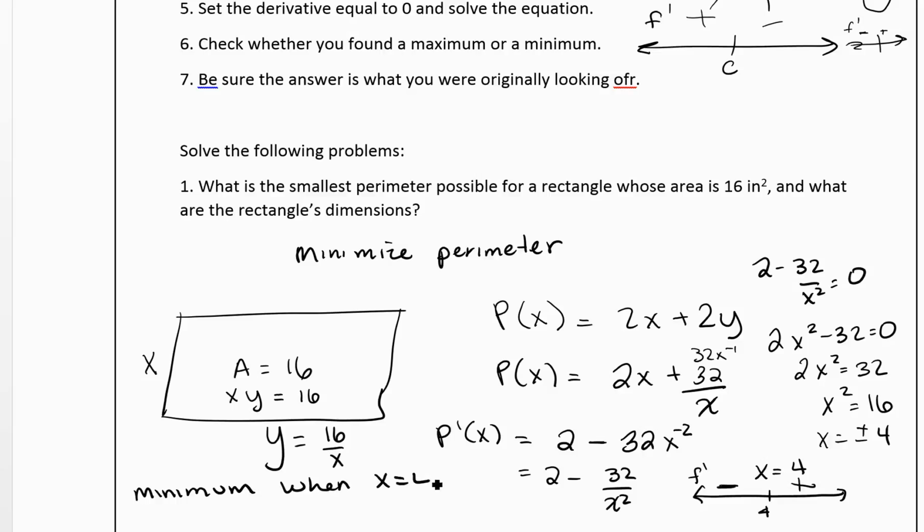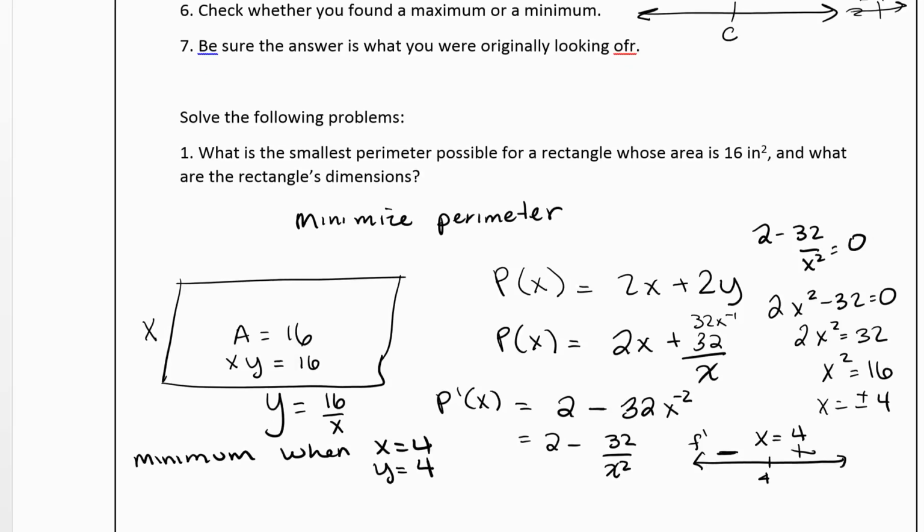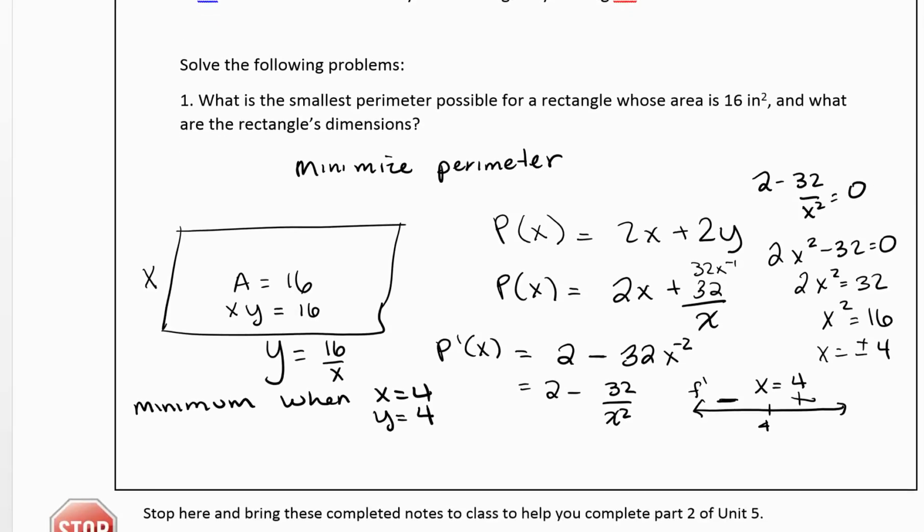So that would also make, since y is 16 over x, y equals 4. Okay, so this actually ends up being a square, which remember squares are rectangles, so that's fine. Now, what it actually asks us, it says, what is the smallest possible perimeter? So that's saying, okay, we found where it's the smallest. We're going to do P, the original, the perimeter at 4, right, which would be 4 plus 4 plus 4 plus 4, which would be 16.